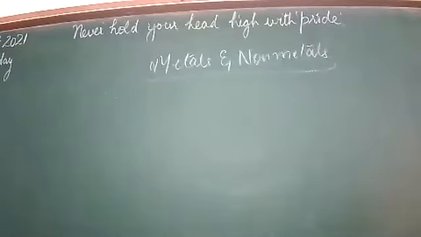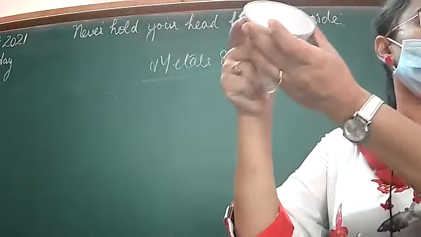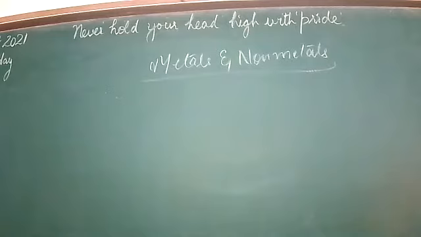Now I am taking copper sulfate. See the copper sulfate. It is blue color crystals, blue vitriol. You will say it as a crystal, not as a powder. So these are blue color crystals in solid form.